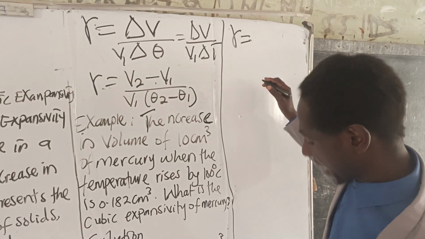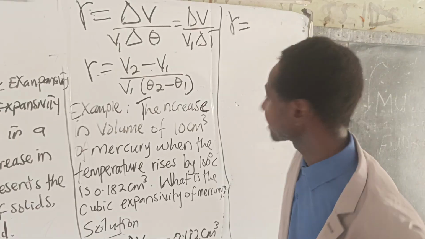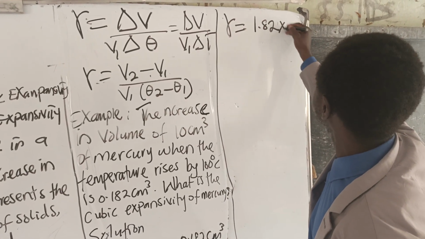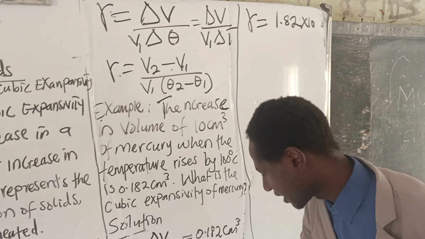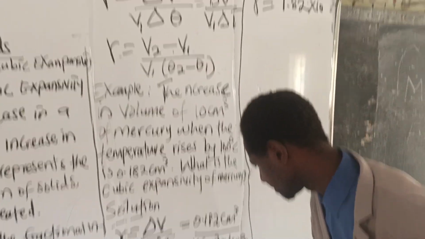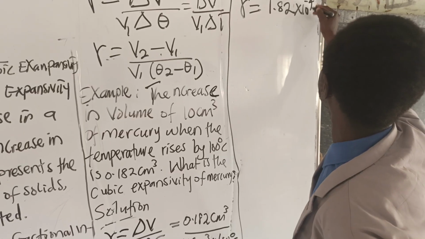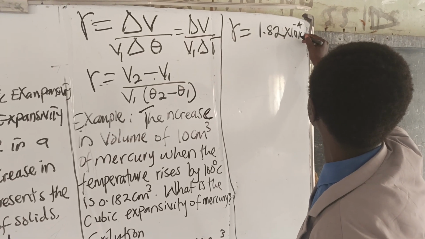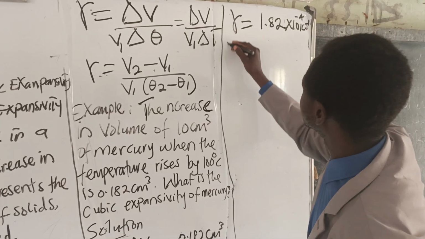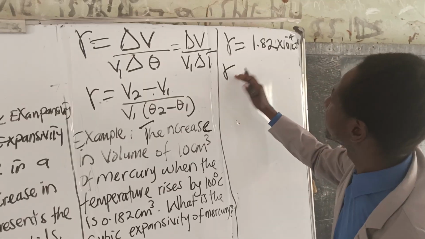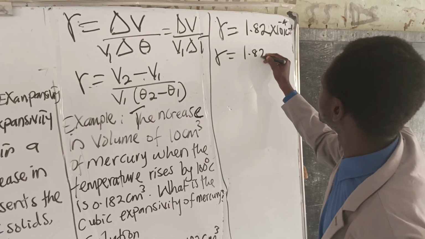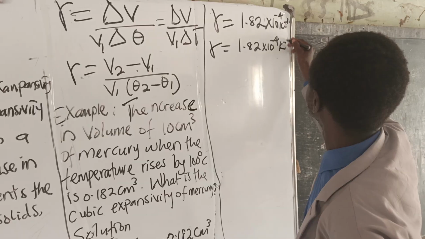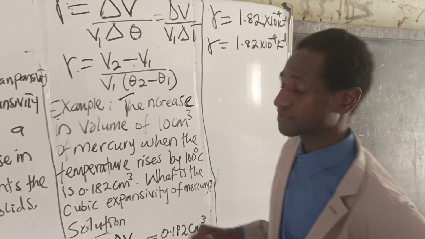Converting this decimal to standard, we have 1.82 times 10 to the power of minus 4 per Kelvin. So that is the cubic expansivity of the mercury.